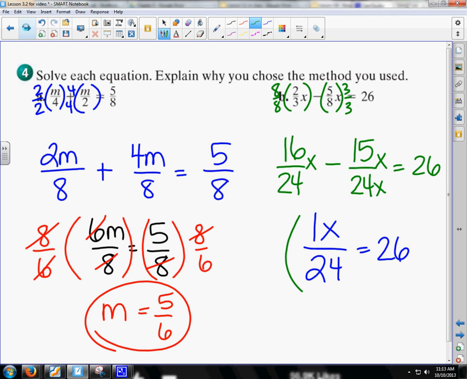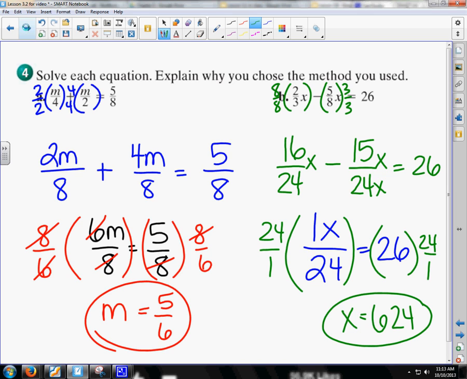So then I multiply by the reciprocal, which is 24 over 1. And I see that x equals, and then you can just grab your calculator, and it equals 624. I just multiplied 26 times 24.